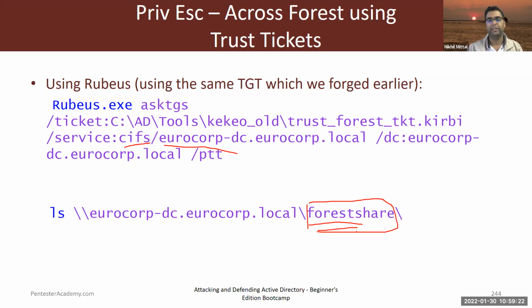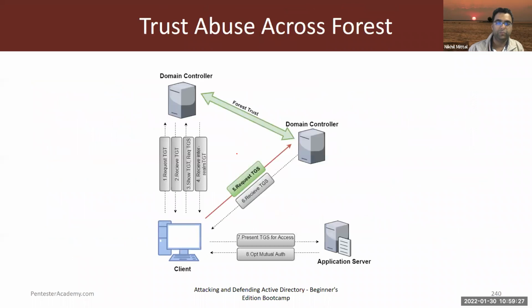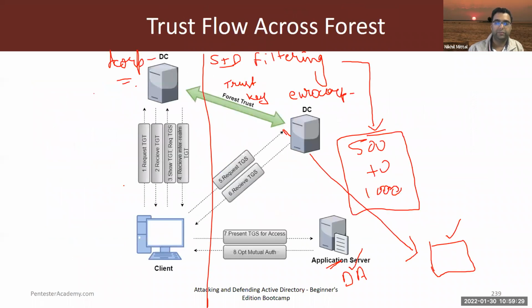Not as much as within forest, but one additional benefit is the trust key. This trust key does not change as frequently as the trust key within a forest. So if you extract this trust key, you can use this for persistence to get access to whatever resources you can in the other forest on demand.